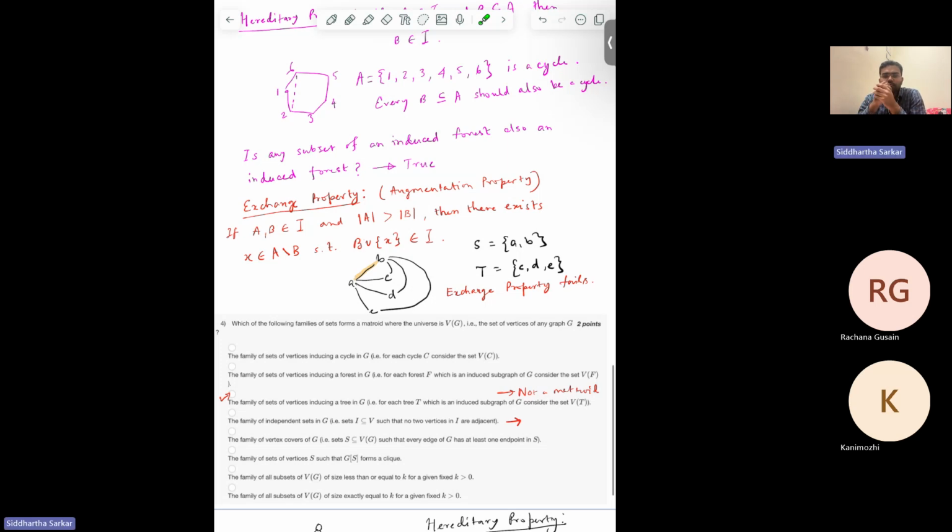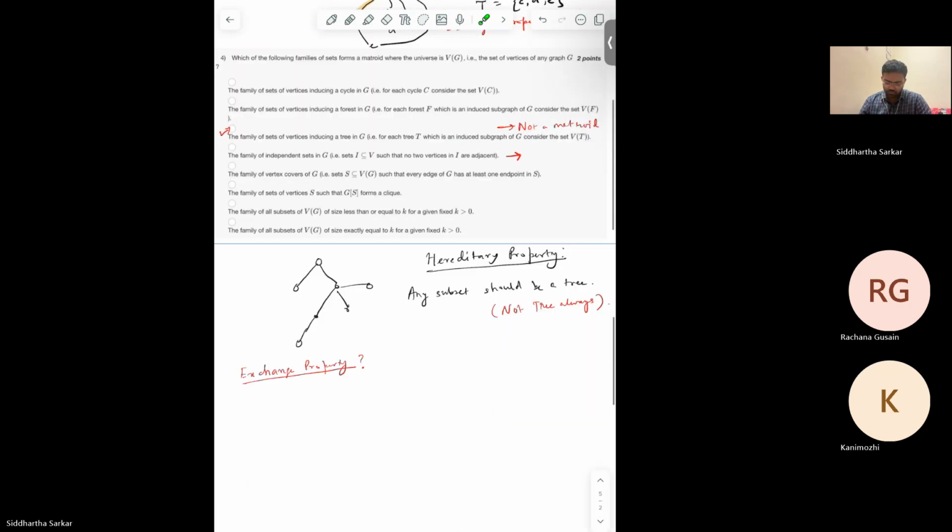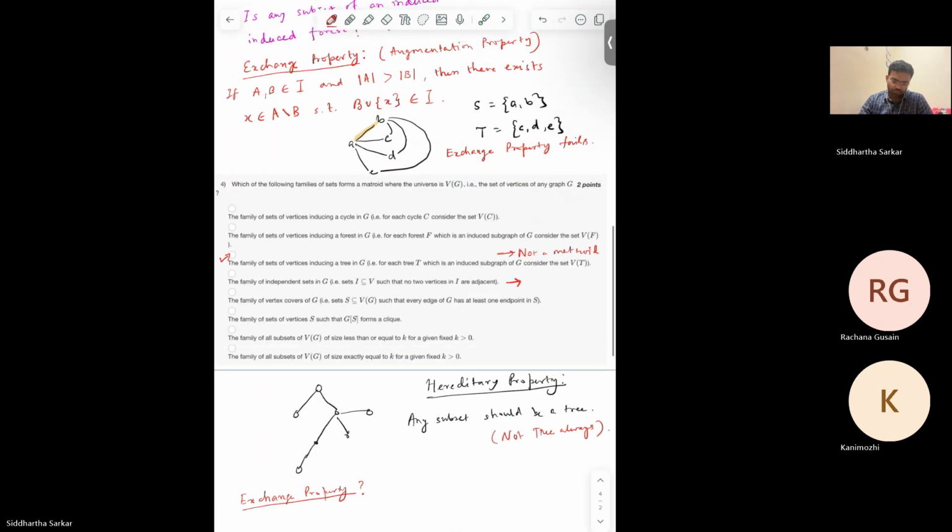So let me take an example. Let me take a small graph. Here's a small graph. It's a path graph on 3 vertices. So in this graph, B is an independent set and A comma C is also an independent set. So can I take a vertex from A comma C and merge with B so that the resulting set is also an independent set?